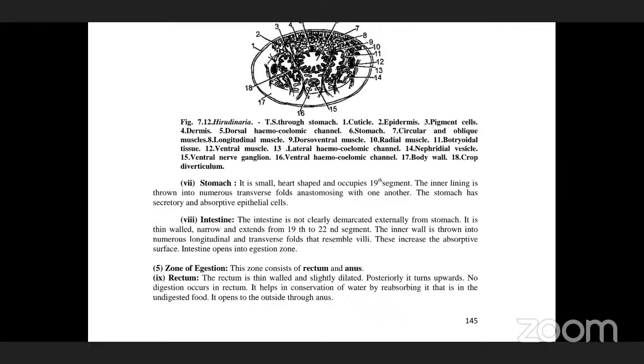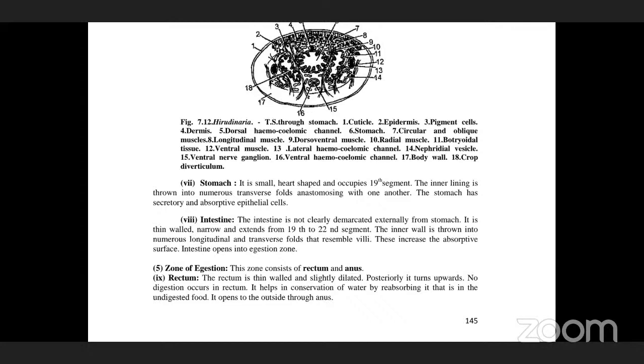And now this intestine opens into the egestion zone. So in the egestion zone, it is having rectum and anus. So rectum is the thin wall, slightly dilated region, which posteriorly turns upward. And in the rectum, no digestion occurs.